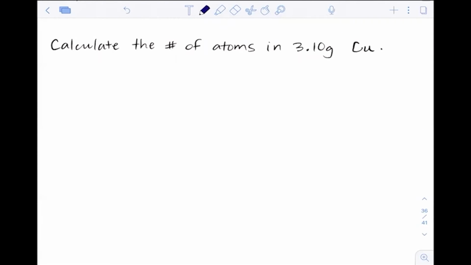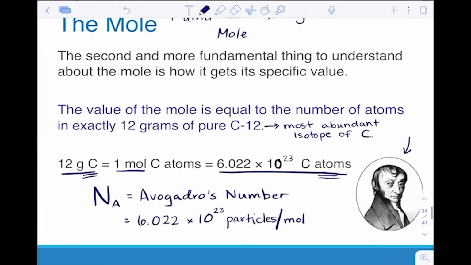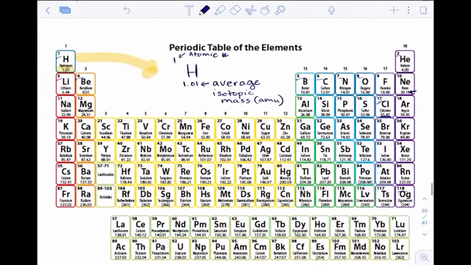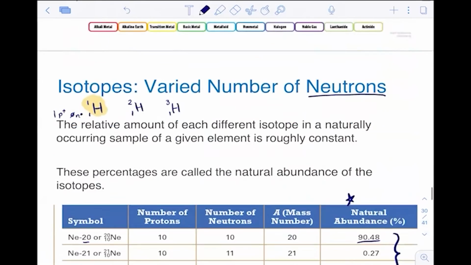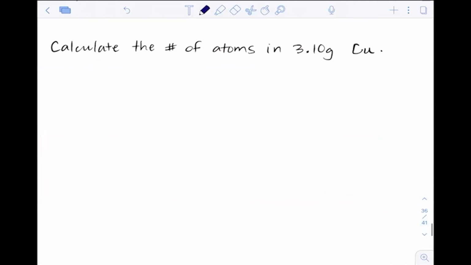Very, very cool. Let's go back to our periodic table and get that useful piece of information. Where is it? There it is. Copper, 63.55 for its average isotopic mass, which means 63.55 grams per mole.